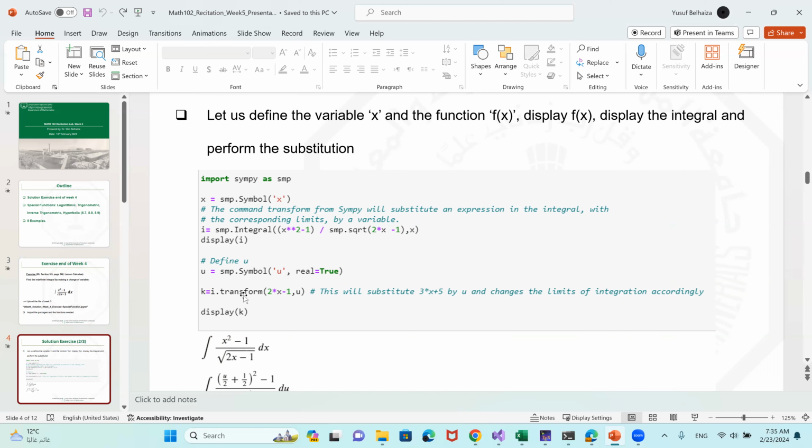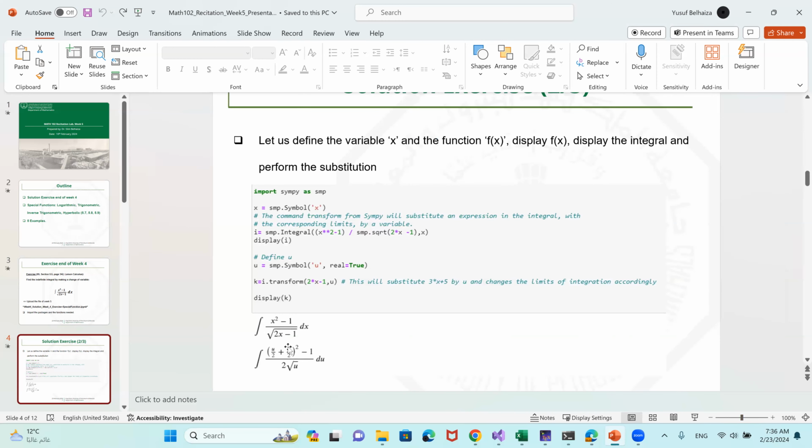This command will substitute 2x minus 1 by u in I, which was just defined as the integral. The result of this substitution will be defined as k, and then we'll display, of course, k. So this is the result of your substitution, what you see here.